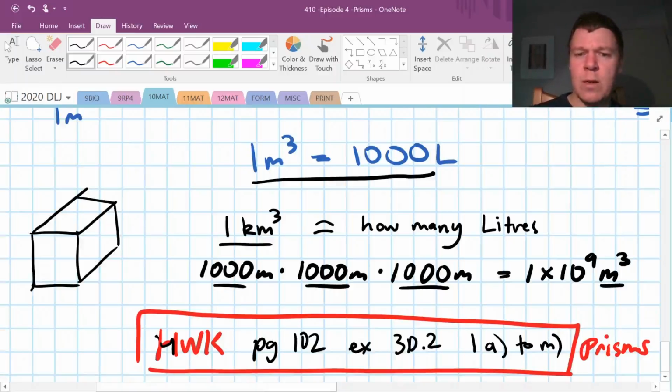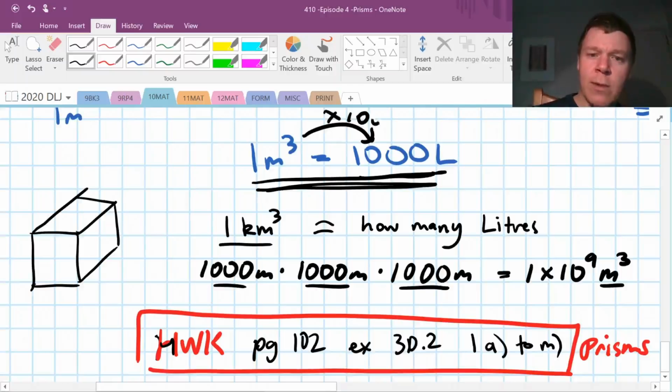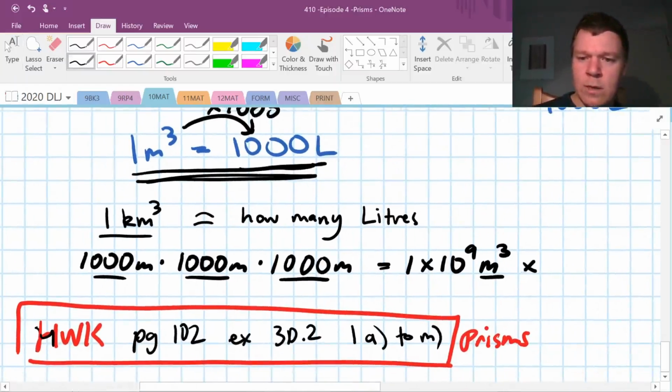Cubic meters. All right, and then we've got this identity, 1 cubic meter equals 1,000 liters. So we need to multiply. If we're going to put this into liters, we want to multiply by 1,000. So if we times by 1,000, then that's going to add on 3 more zeros, which is going to bring us up to 1 times 10 to the 12 liters.